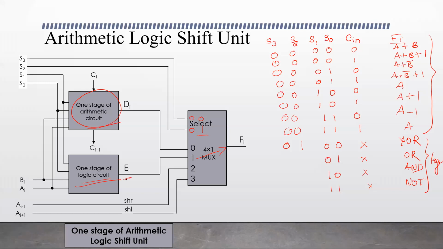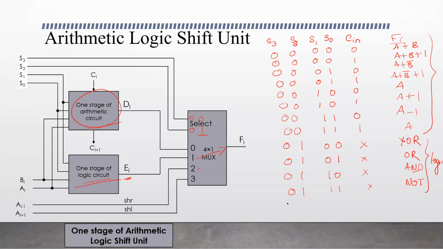The output Ei will be one of these logic operations with the value of S3 and S2 as 0, 1, the second case, because when it is 0, 1, input 1 to the multiplexer is selected, that is the logic output, the logic operation. And the third operation: input 2 to the multiplexer is shift right.